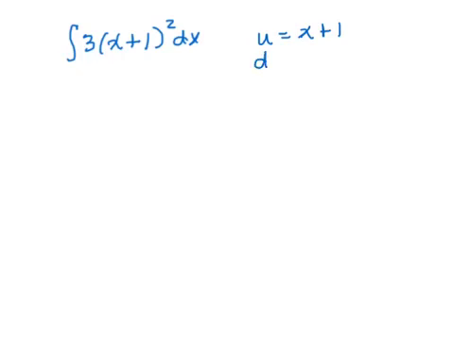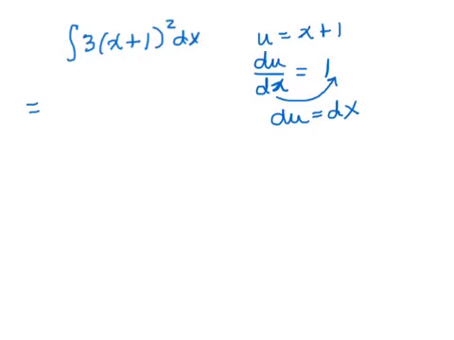And then we're going to take the derivative, because in addition to replacing x plus 1, we are also going to be replacing the derivative dx. So we take the derivative, and that's just 1. But what we want to do is separate the u's and the x's, so we're going to multiply the dx over. So in this case, we have du is equal to dx.